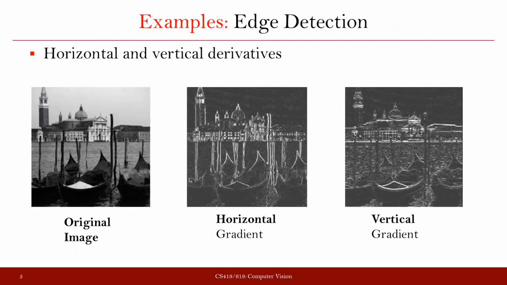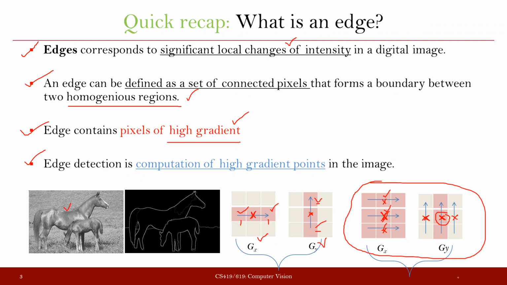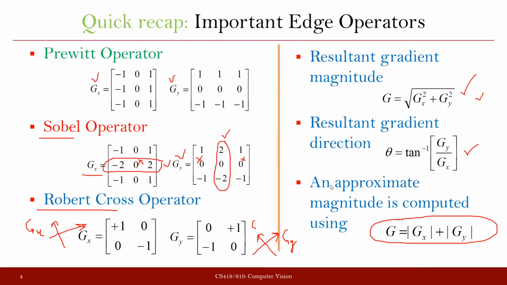Okay, let us see a few examples of these operators. So let us say we are applying this kind of operator, where you are computing the gradient by considering only the pixels of the row or the column of the pixel of consideration, and then based on that you are deciding the edge.